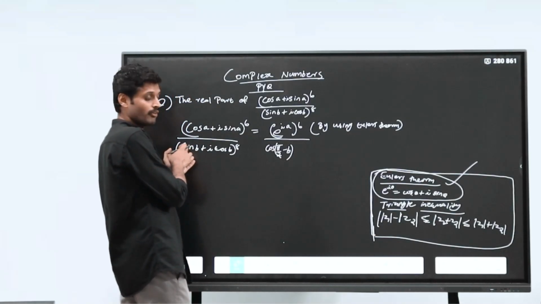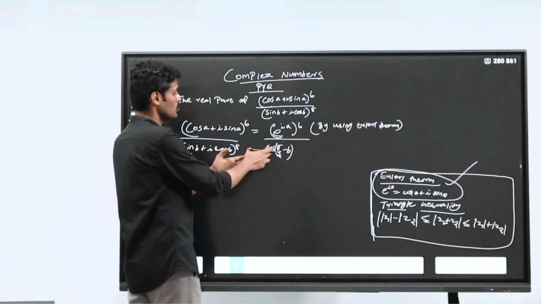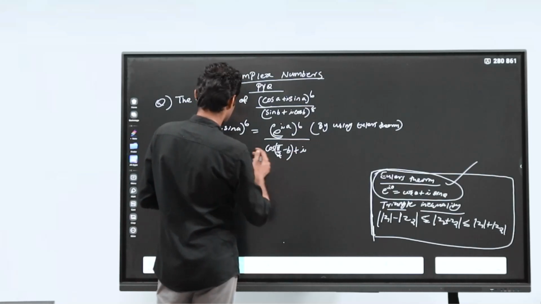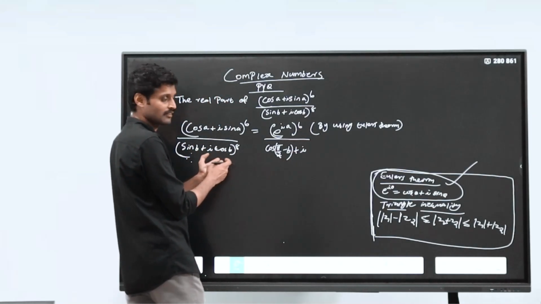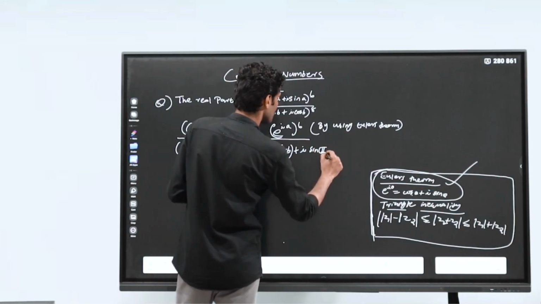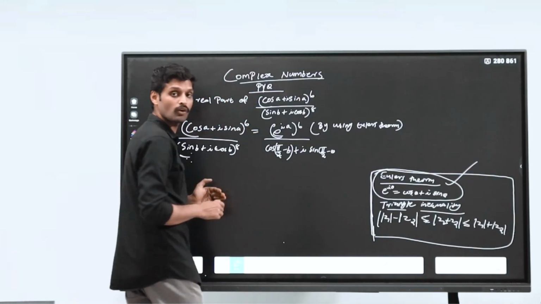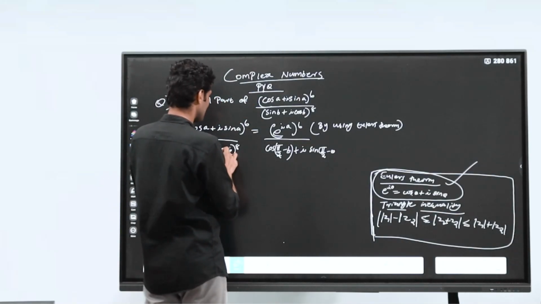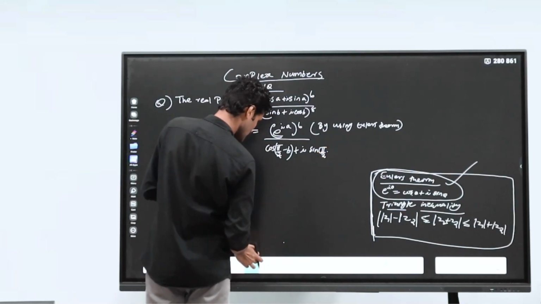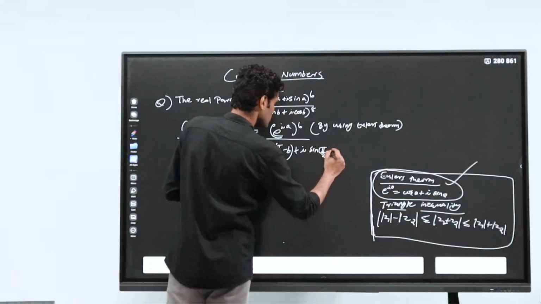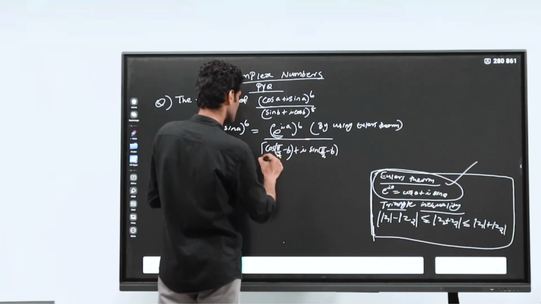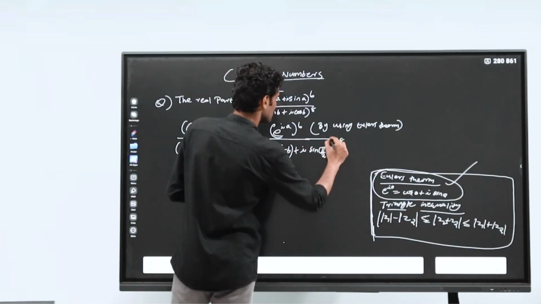Plus we can convert cos into sin, that is i sin of (pi by 2 minus B), again as we know sin of (pi by 2 minus theta) is cos theta, here theta is B. So (pi by 2 minus B) whole raised to 8.